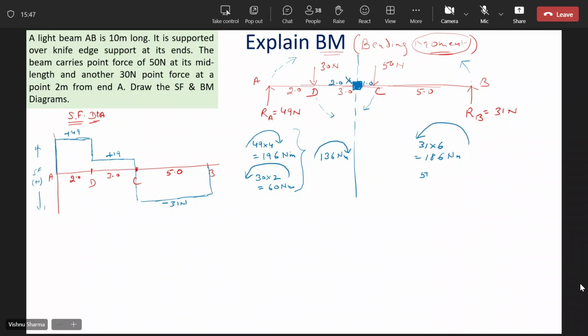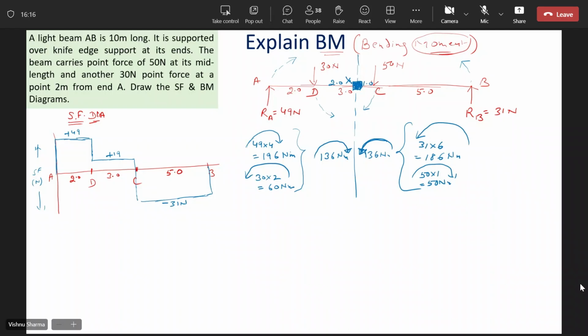And then you have 50 into 1, that is 50 Newton meter, and this is clockwise. And the resultant of these two is again 136 Newton meter, but this time it is anti-clockwise. Yes or no, beta? Am I right? Everybody agrees? Okay.